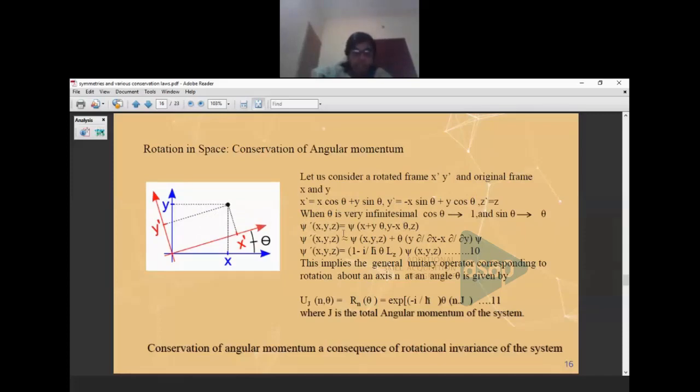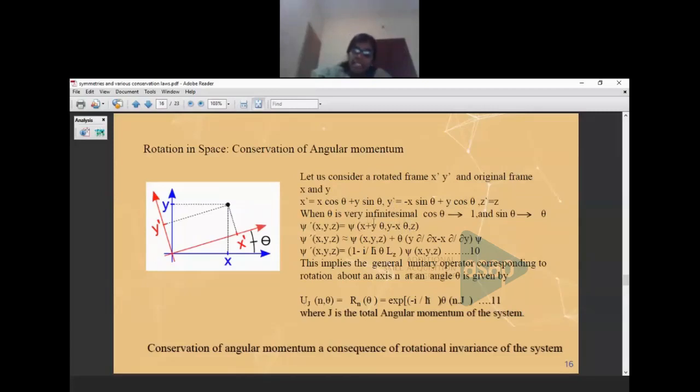Now, when you use ψ'(x,y,z), x' is x plus yθ. And what is y'? y, since cos θ is 1, minus xθ, and z is z. So again, this is approximately equal to.